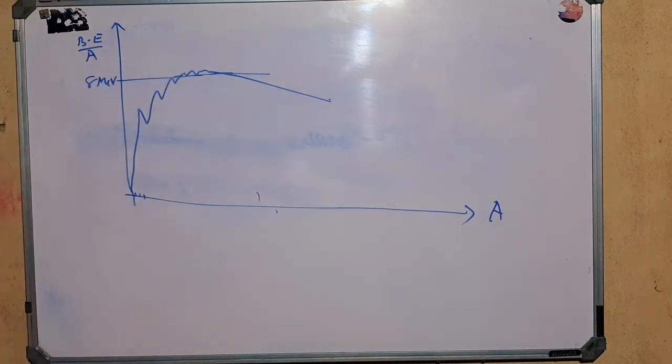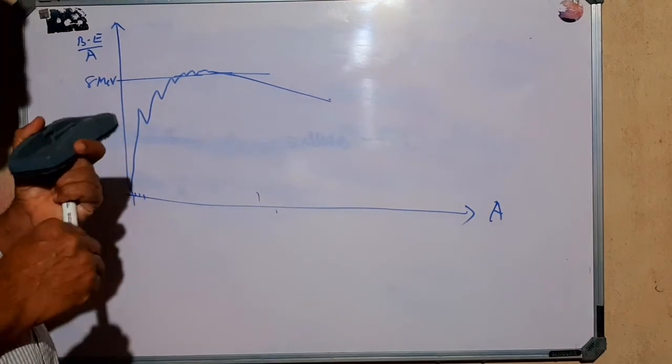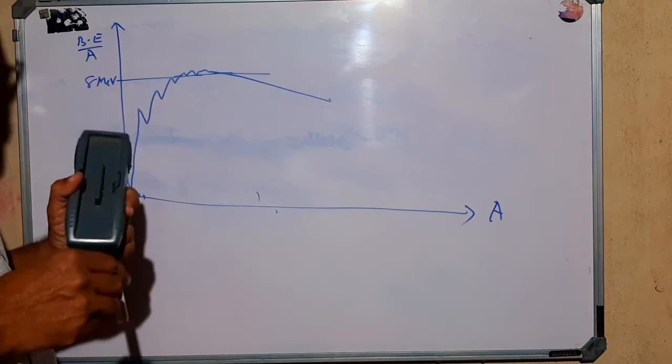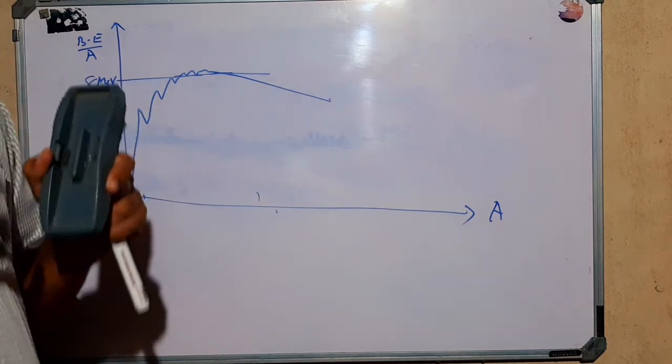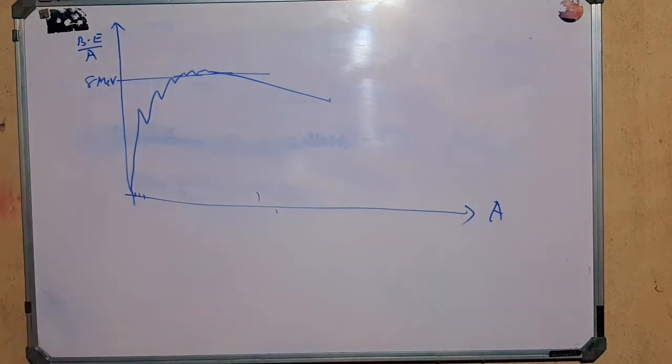Why? Because mass number increases means number of protons also increases. Binding energy can also be said to be the energy needed to separate the nucleons present in the nucleus. These protons and neutrons are called what?